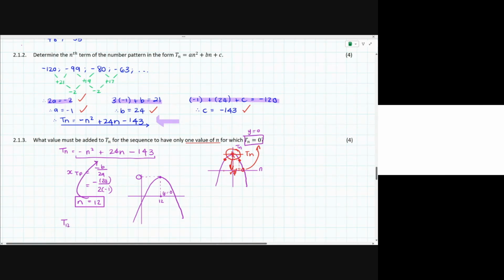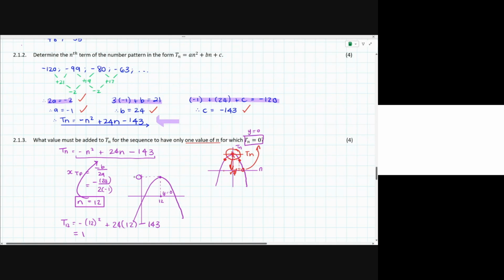So t of 12 is minus 12 squared plus 24 times 12 minus 143. And we get that the turning point would then be at (12, 1).